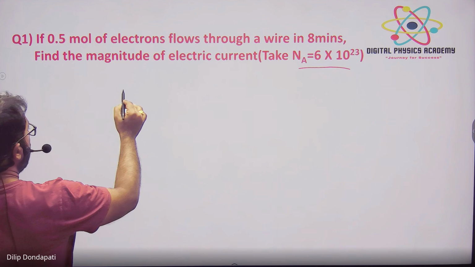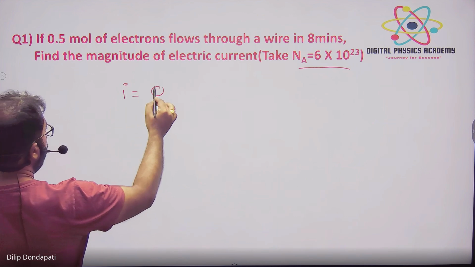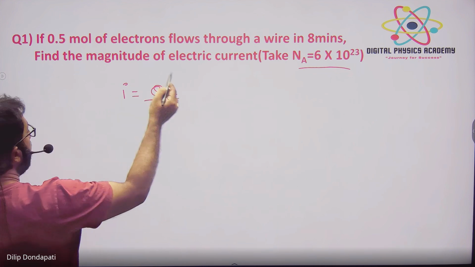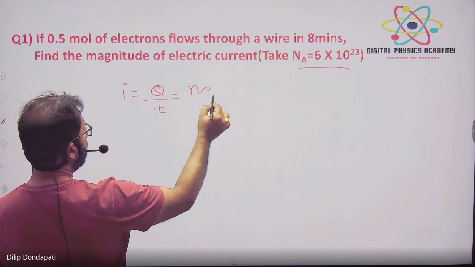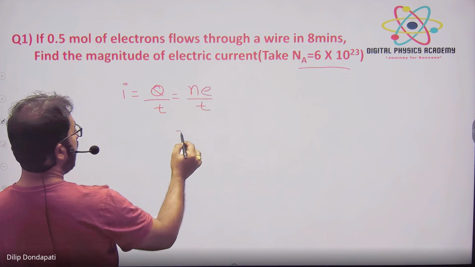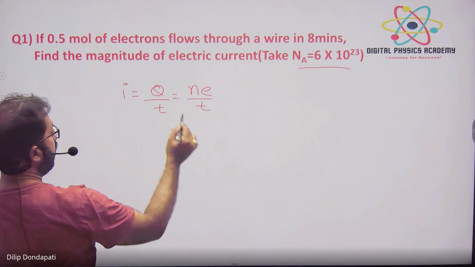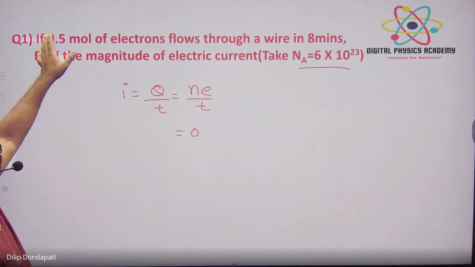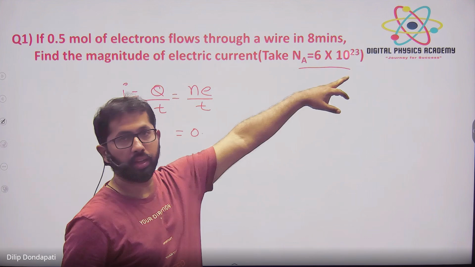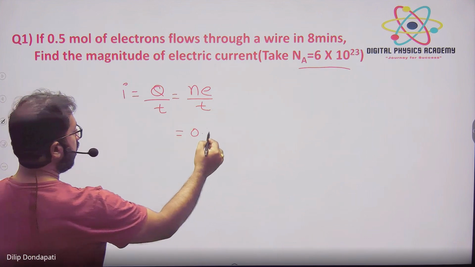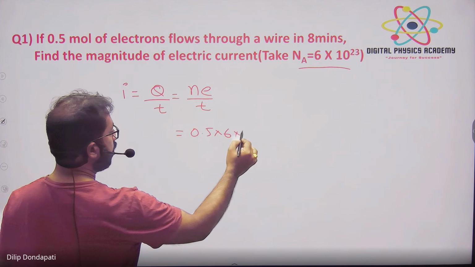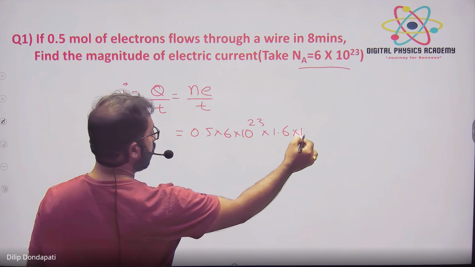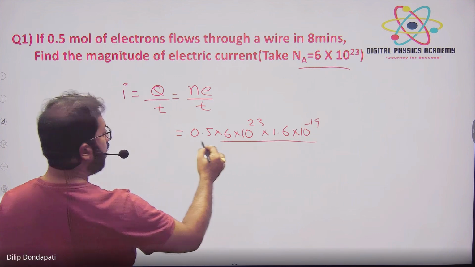So what is the formula for current? I is equal to Q by T. So Q equal to Ne, the number of electrons into the charge of the electron, by T. N is 0.5 into the number of electrons; it is 0.5 mole, and 1 mole has this many electrons, right? So 0.5 into 6 into 10 power 23 into 1.6 into 10 power minus 19, by 8 minutes.